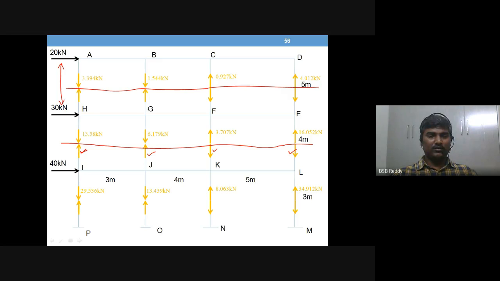So these arrows you will be getting. You are not taking the section there because you have a fixity here. Fixity at the bottom, and you have three reactions there again. So it is again an increase of unknowns.